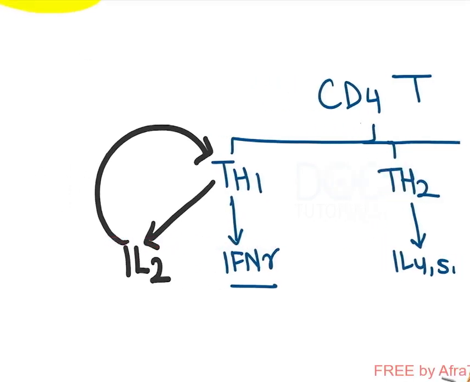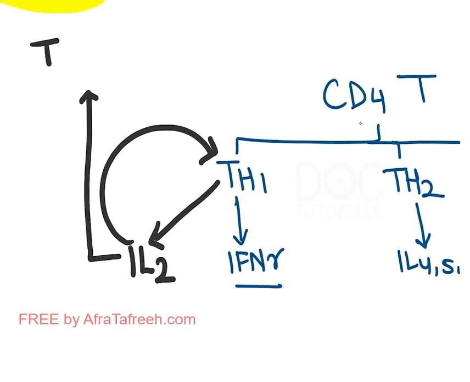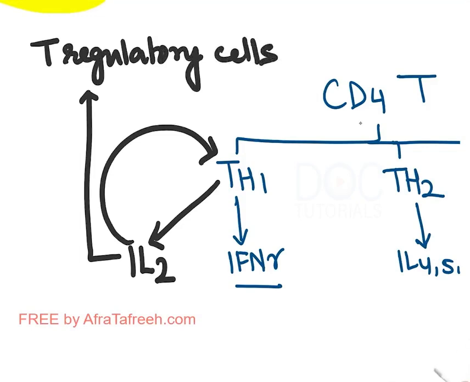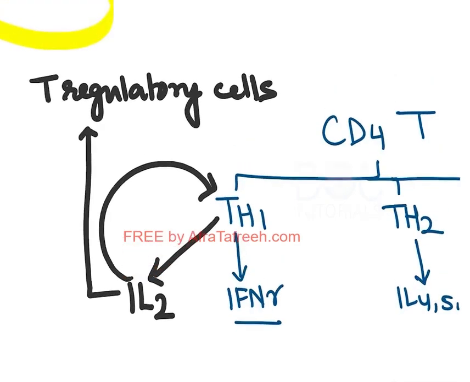The second function of interleukin 2 is that it goes and activates a special subset of T cells. These are CD4 cells only, but these CD4 cells are called regulatory T cells. What is the function of the regulatory T cells?